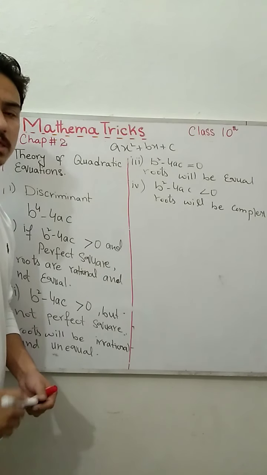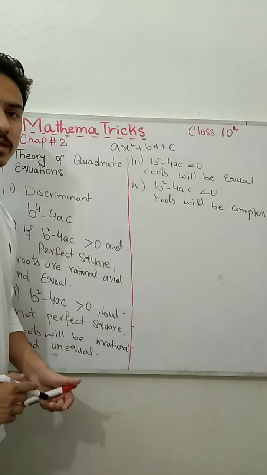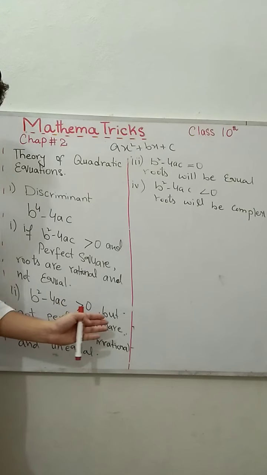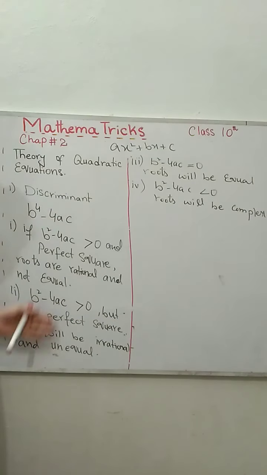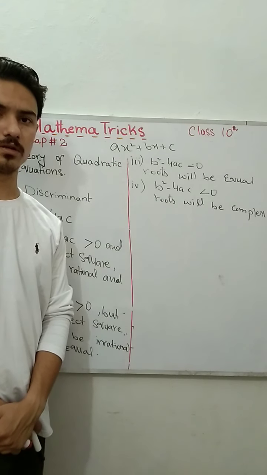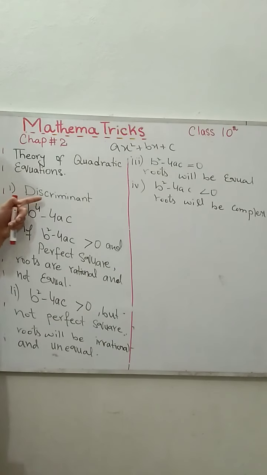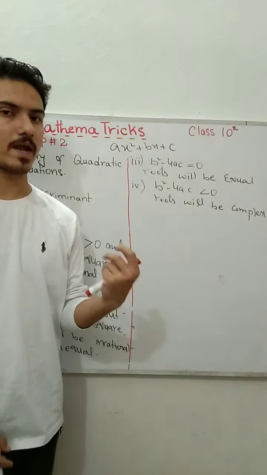Complex numbers are numbers which contain the iota value. So we have 4 basic laws about the roots of a quadratic equation. With the help of discriminant, we can identify the nature of the roots of any quadratic equation.